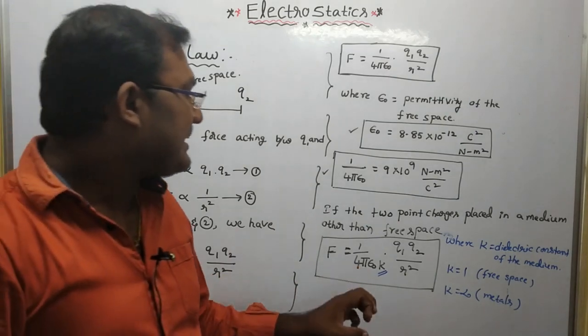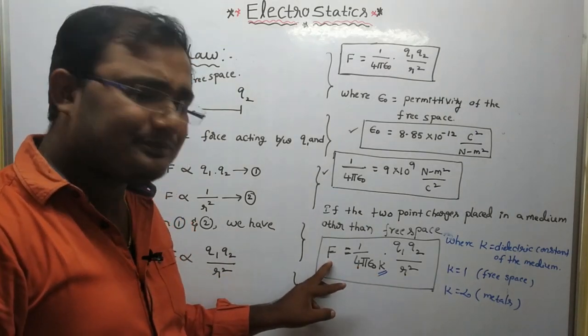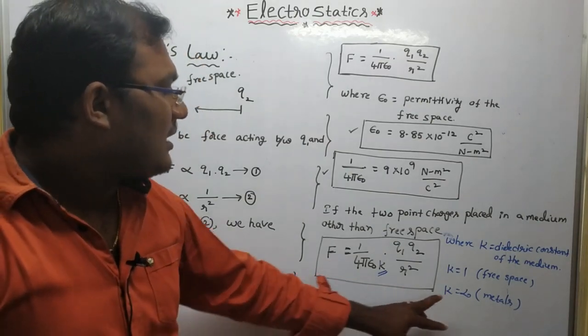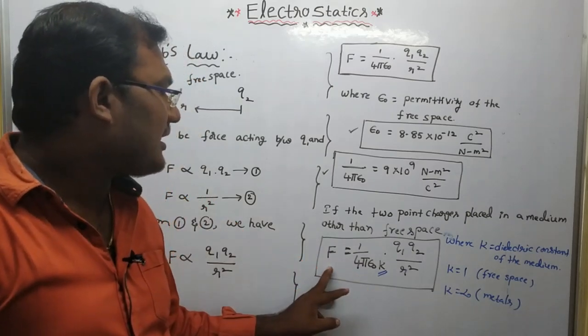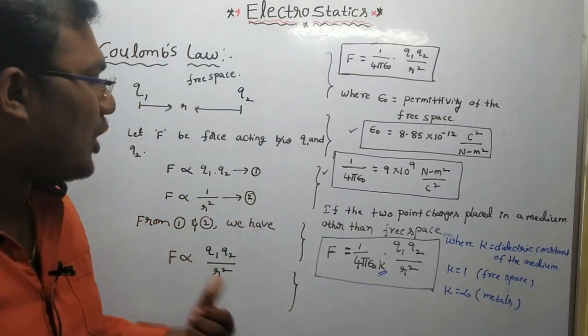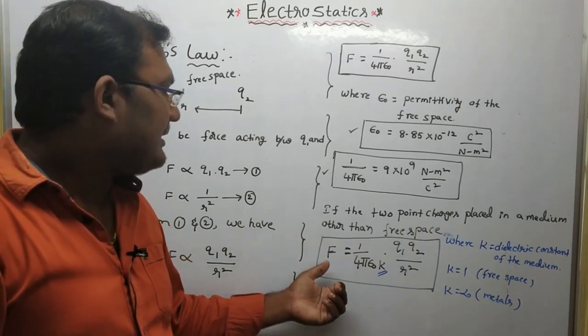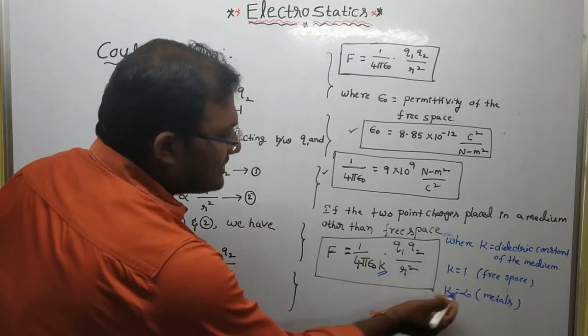If the material has a high dielectric constant, then the force will decrease. That means for metals K equal to infinity, so the force of attraction or repulsion between any 2 point charges in the presence of metal in between them decreases and becomes 0.